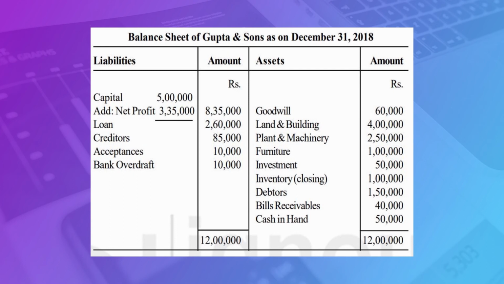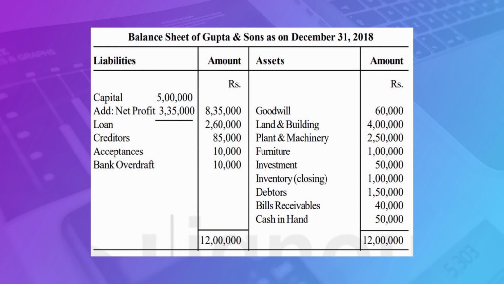Then the bank overdraft is again a liability for the business, therefore it will also be shown in the liability side of the balance sheet. So, if you make a total of all these figures, the total of the balance sheet will be rupees 12 lakhs.